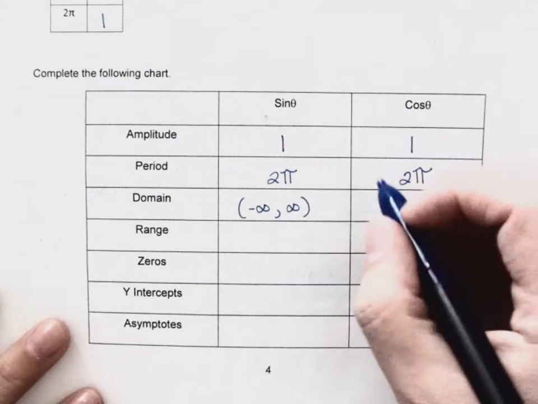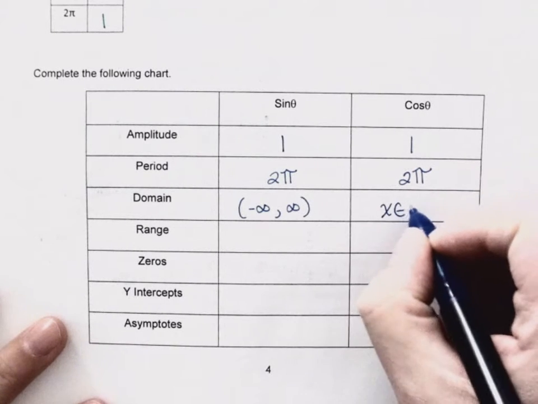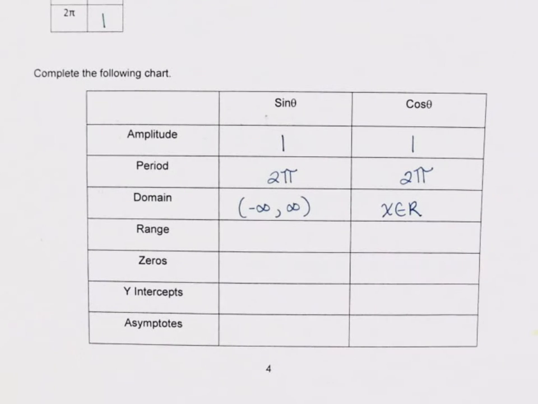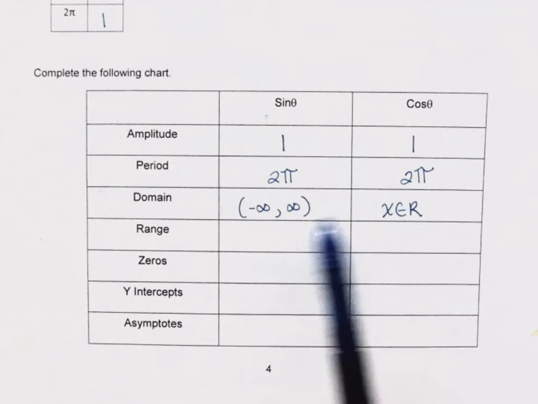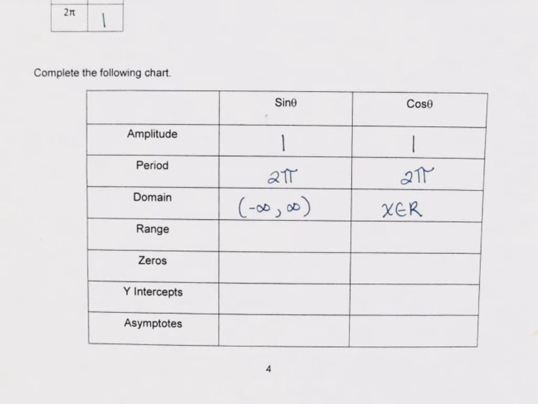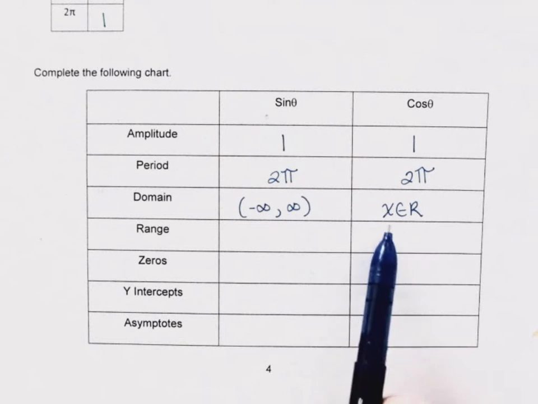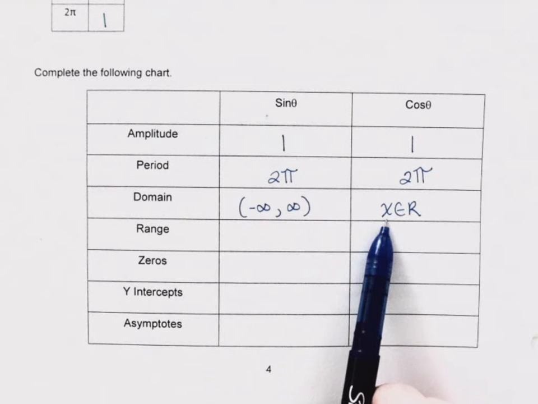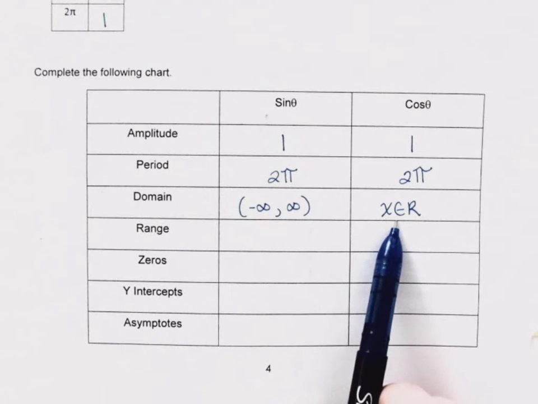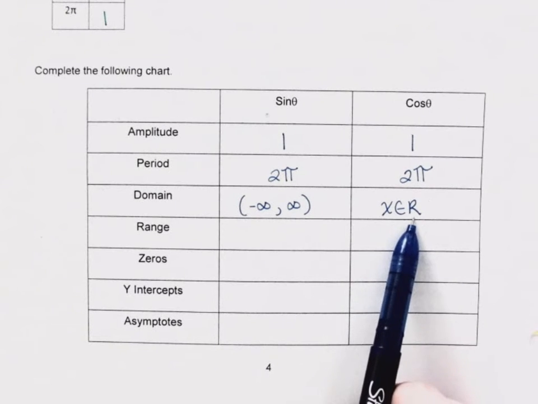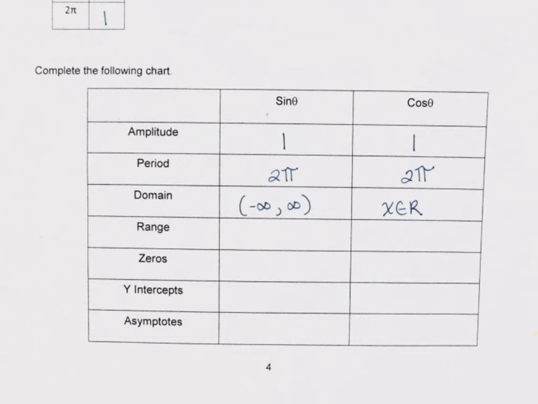Have you guys ever seen that written as x is an element of the real numbers? I'm just putting it down there so you know that these two things are the same thing. You need to be able to read it. It might not be what you're comfortable doing, but you need to be able to read it. What are real numbers?